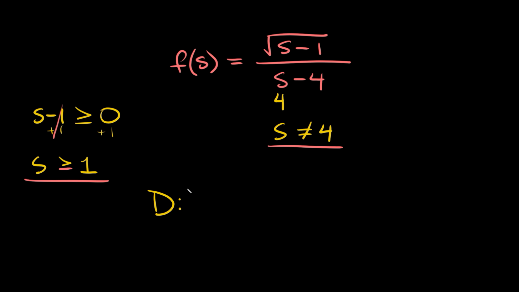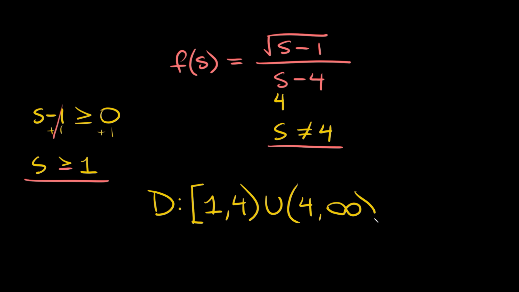So the domain, the smallest part, would be a positive 1, and then that's gonna go all the way up to positive 4, but we're not gonna include 4, right? So it's gonna go from 1 to 4, but we're not gonna include 4, so we're gonna put a parenthesis around it. And then we're going to say union, but it can be any number bigger than 4. So then here we're going to say it goes from 4 to positive infinity. All right, so that would be the domain right here.